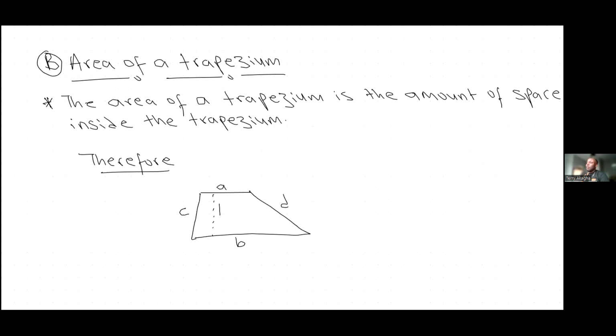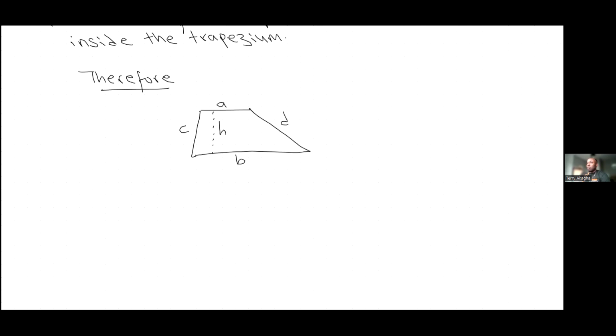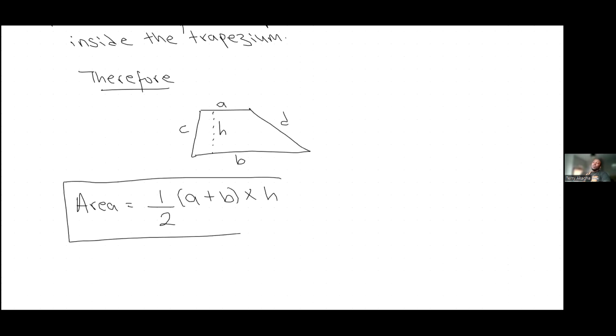Now, how do you find the area of this trapezium? The formula for this is equal to 1 over 2, you add the two parallel sides and you multiply it by H. So the area of a trapezium is 1 over 2, you add the two parallel sides and you multiply it by H. And that is how you find the area of a trapezium.